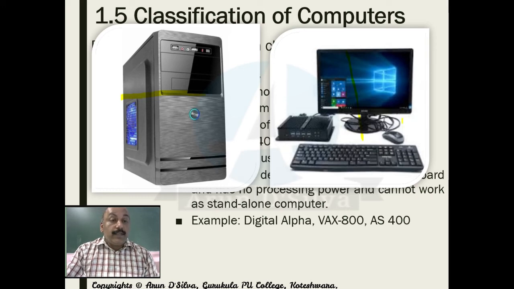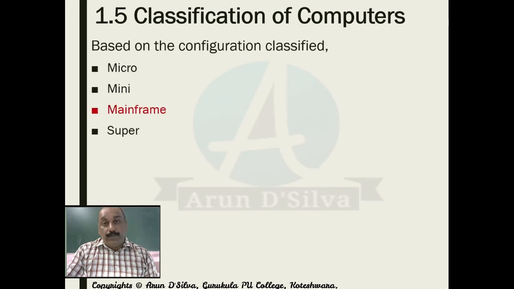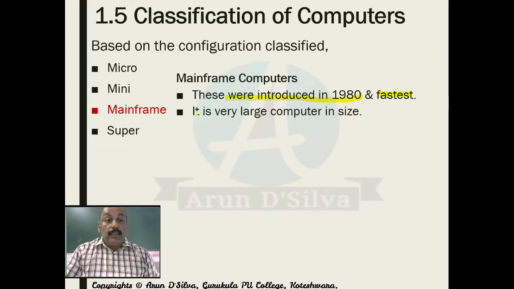Yes, students. Going forward, the next one is the mainframe. So what is mainframe? Mainframes are much faster than mini computers, and this was introduced in 1980, and these are very fast, and the main intention was to store more data, and it is a very large computer in size.